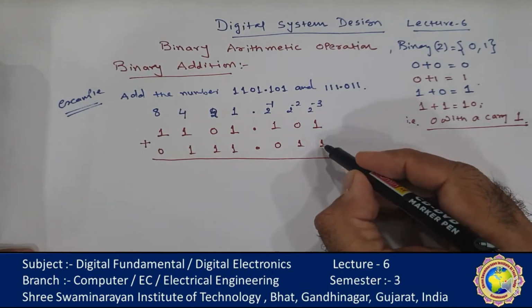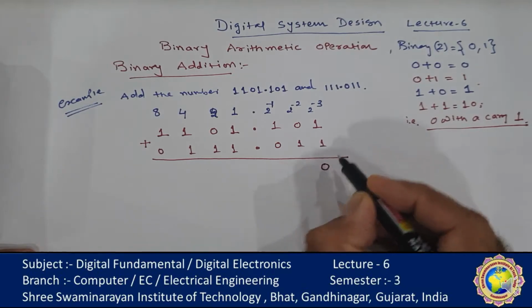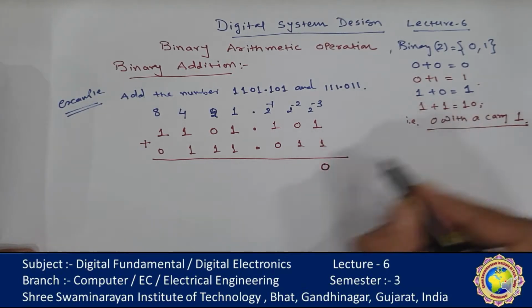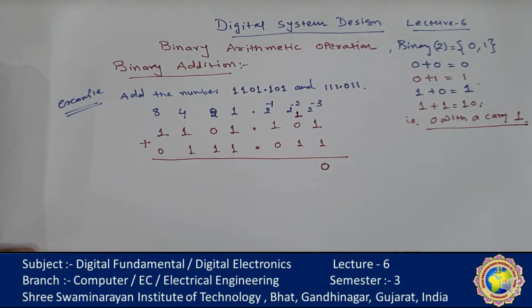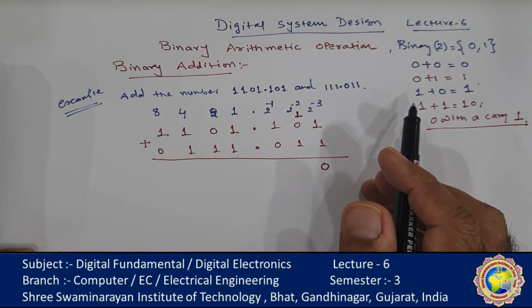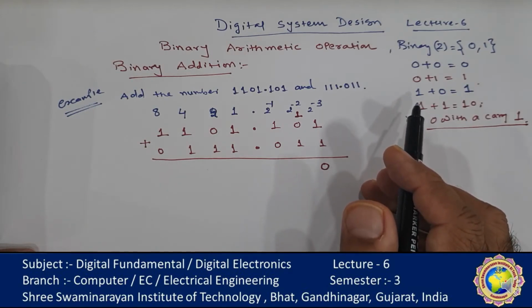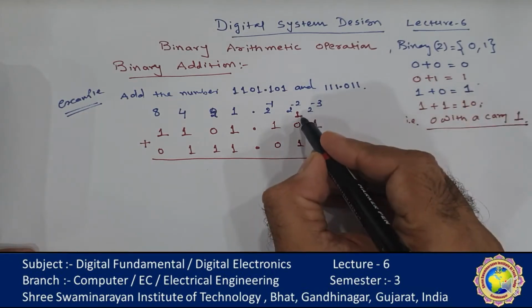As we know that 1 plus 1 equal to 0, and 1 is carry. Okay, now in the next column, 0 plus 1 is 1, and the carry 1 is added.